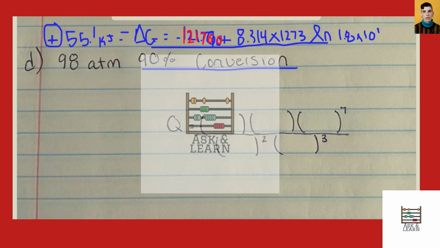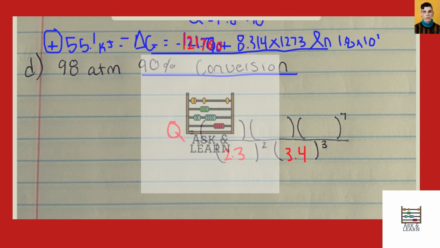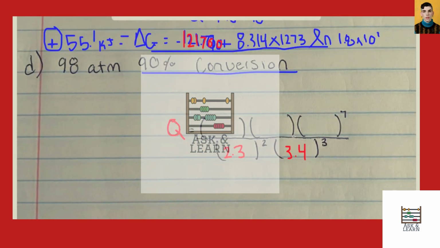All right, once you have done that, you should find the partial pressures to be 2.3 for CH4, 3.4 for H2O. And again, we're using the same exact reaction quotient equation for the next one too, since it's the same chemical equation.